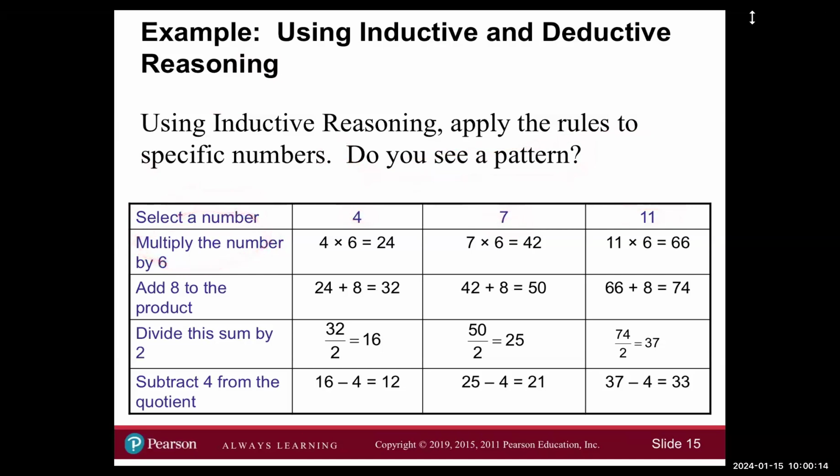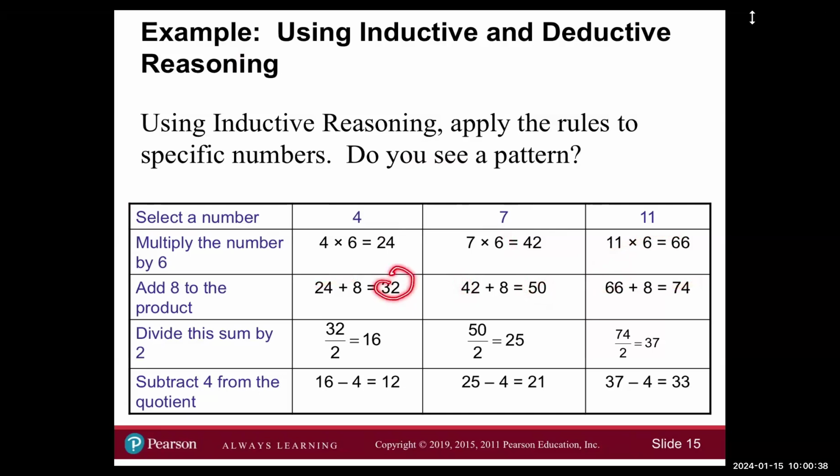Multiply by 6: 4 times 6 is 24, 7 times 6 is 42, 11 times 6 is 66. Then we add 8: 24 plus 8 is 32, 42 plus 8 is 50, 66 plus 8 is 74.